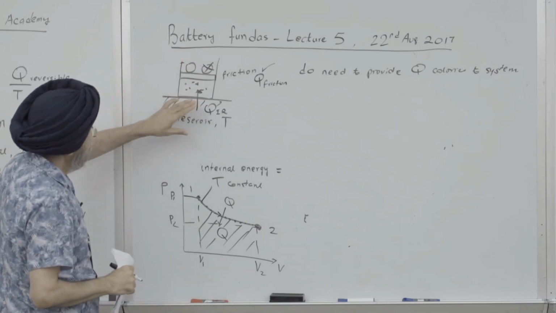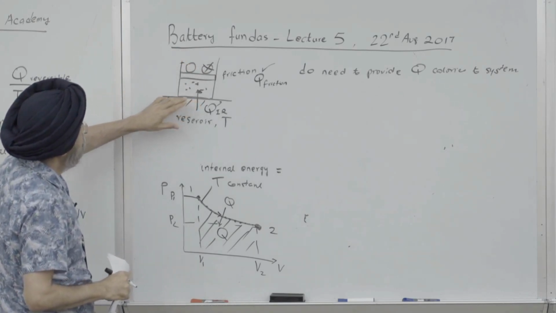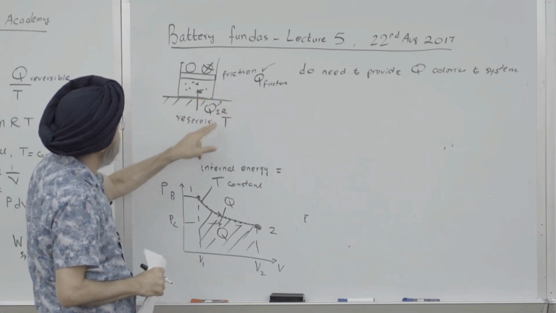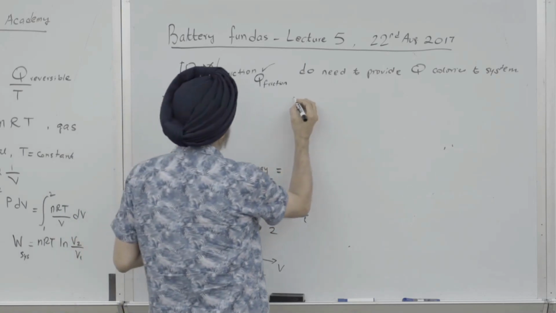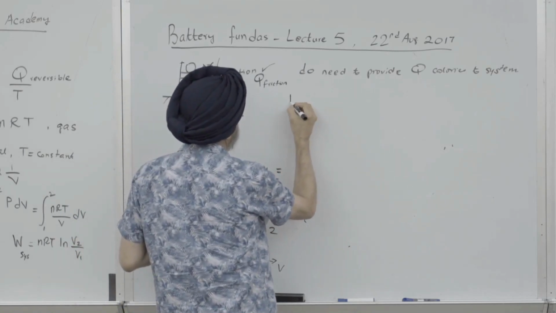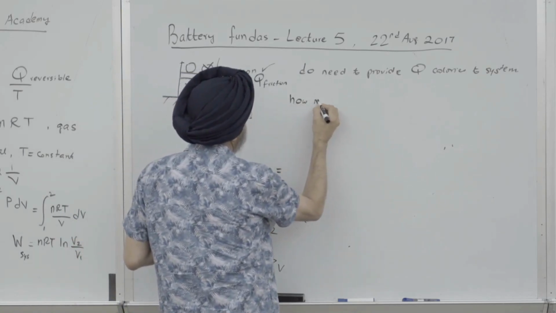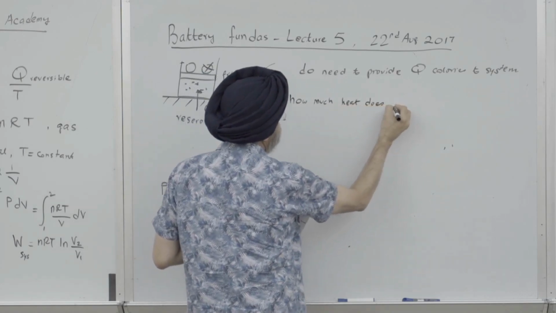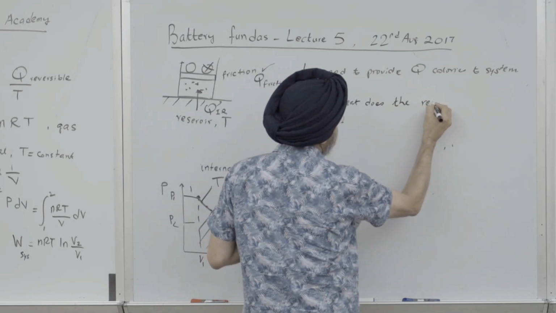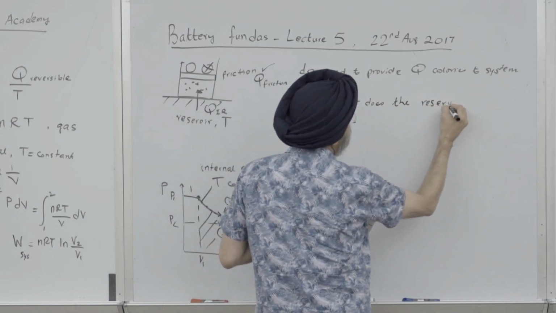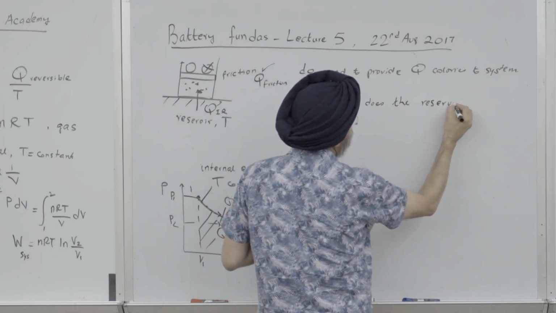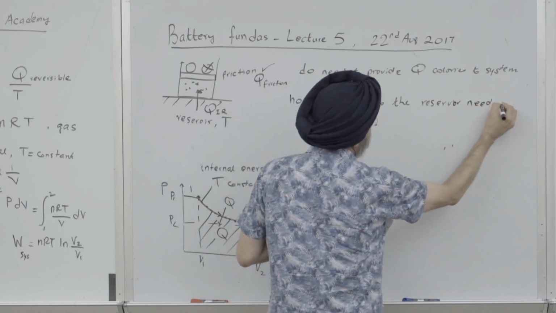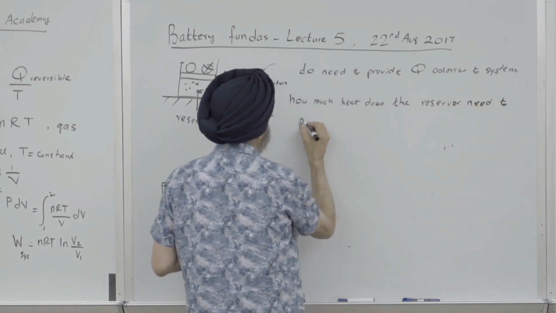But now, because of friction, I need to provide less Q. So how much heat does the reservoir need to provide to the system?